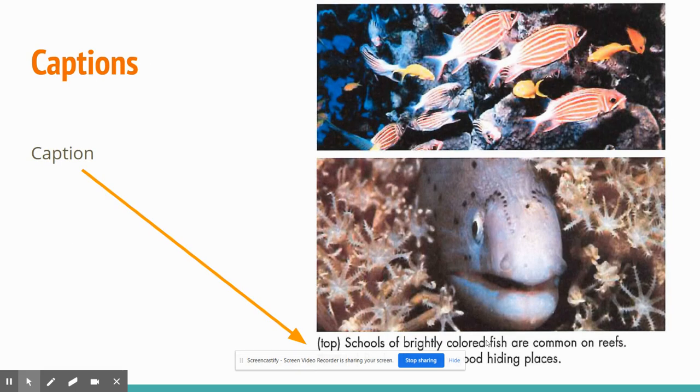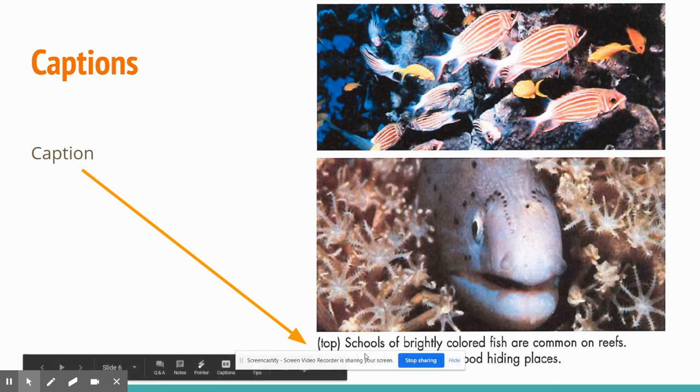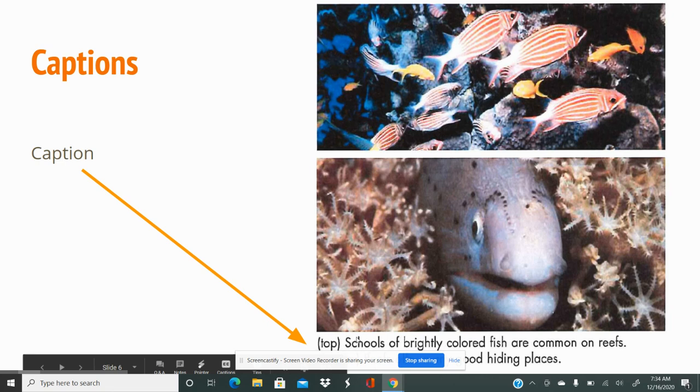A caption, remember, is a description of a photograph or other text feature, giving you a little bit more information of what you're looking at, right? What is in that text feature? If you take a look at these two photographs, right, you will see the top says schools of brightly colored fish are common on reefs.